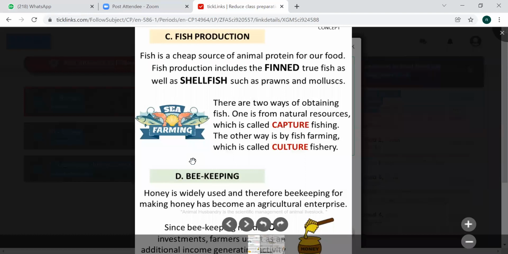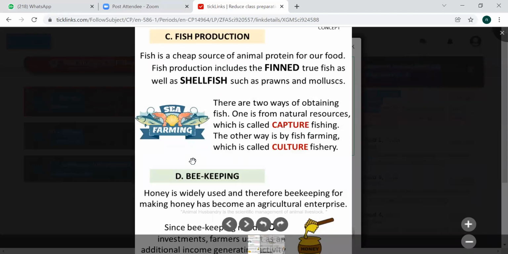There are two ways of obtaining fish. One is from natural resources, which we call capture fishing, and the other way is fish farming, which is called culture fishery. So to meet the demand, fish production includes fin true fish as well as shellfish.